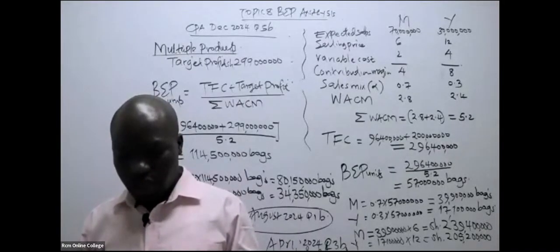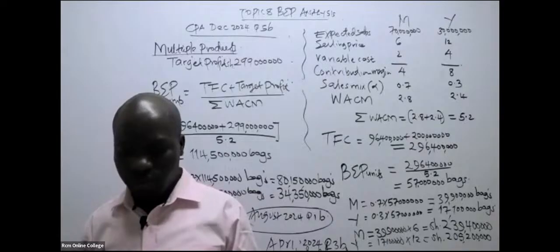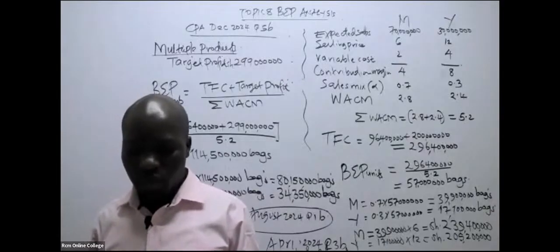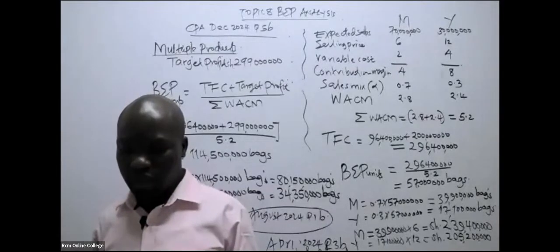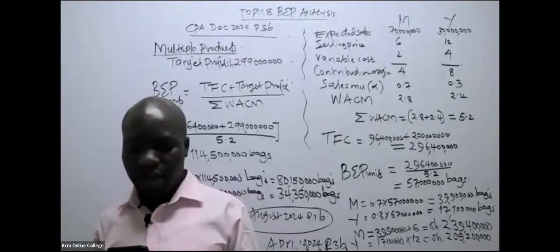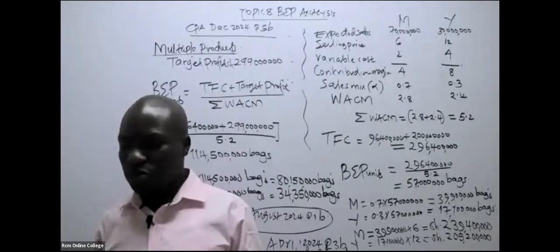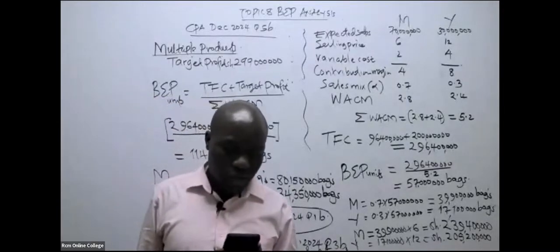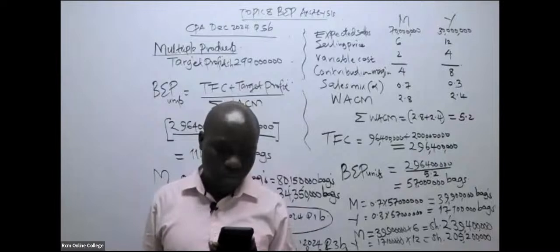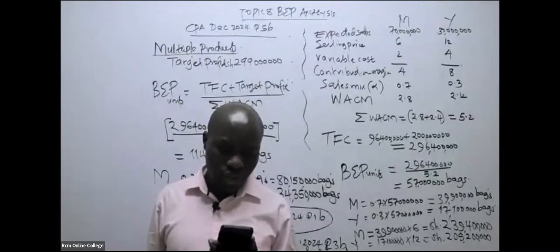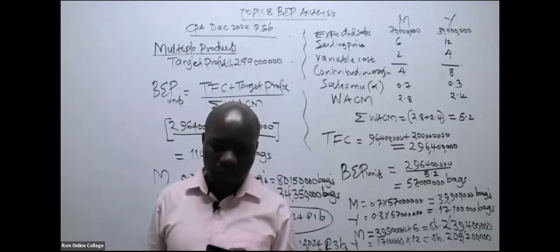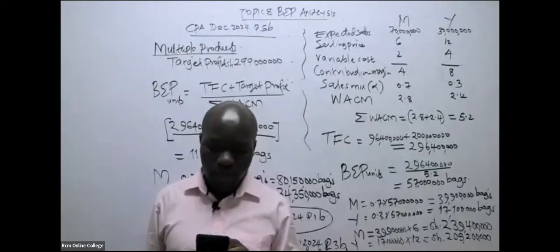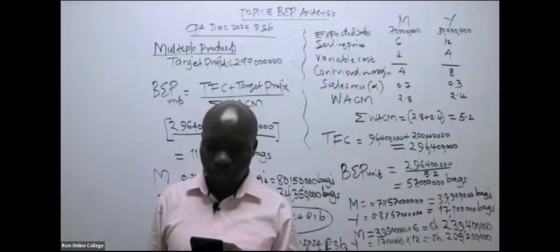Good. So we are told that Medical Limited is a pharmaceutical company which manufactures 3 types of medicines, namely alpha, beta, and zeta, using absorption costing system. The company has 2 grades of labor, that is skilled and semi-skilled labor. The following profit statement relates to the operations of Medical Limited.